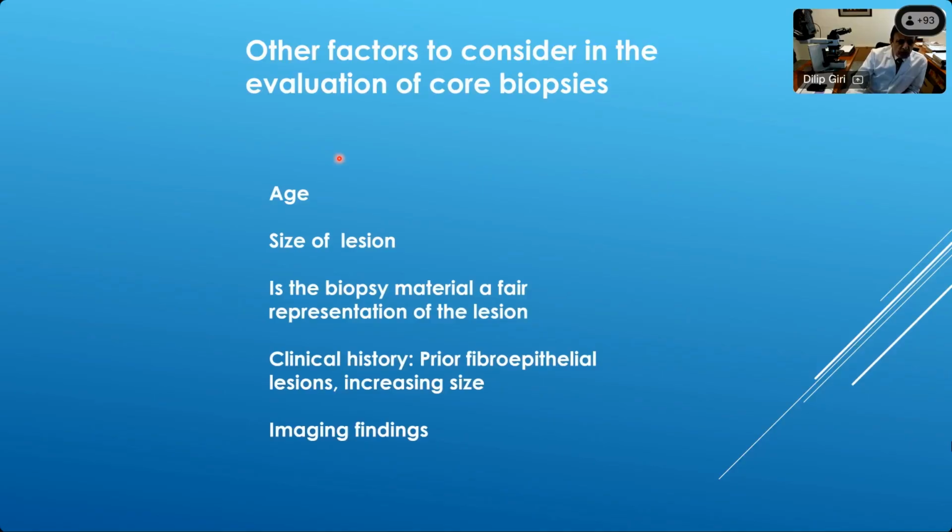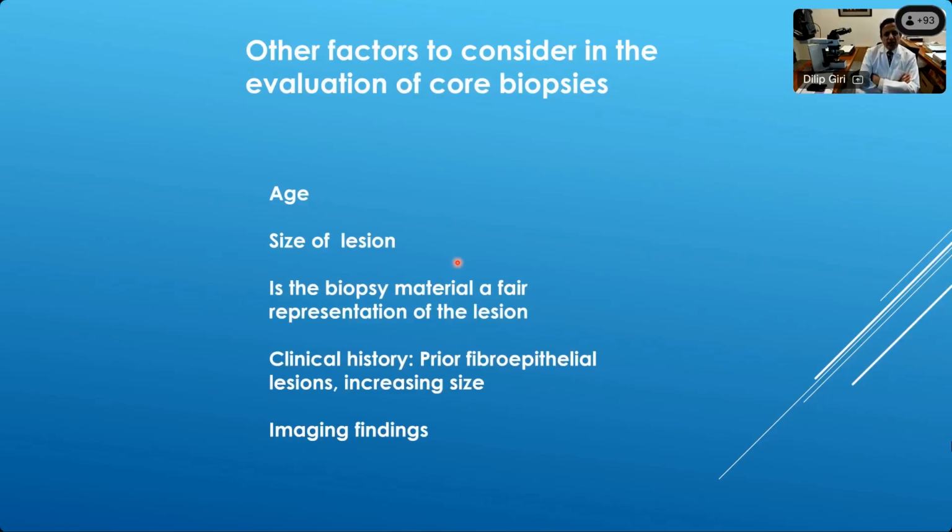So age is important. Size of the lesion. The size is important because it tells you how representative the biopsy is of the lesion. If it's only a 1 centimeter lesion and the radiologist has removed 5 cassettes worth of tissue, the radiologist has probably cored out the entire lesion, then there is probably not much more to be seen anyway.